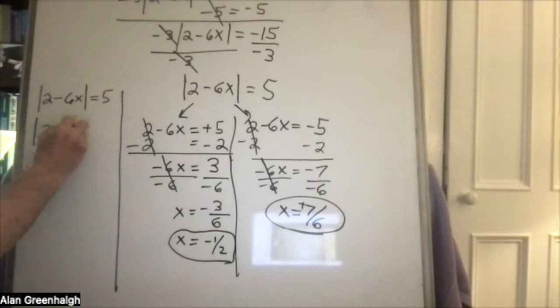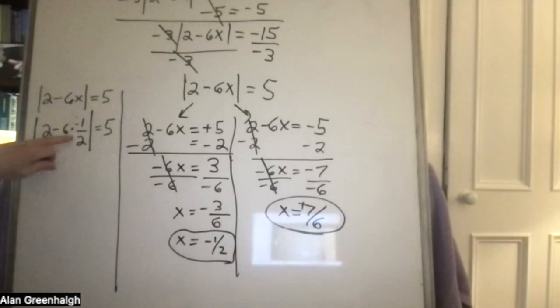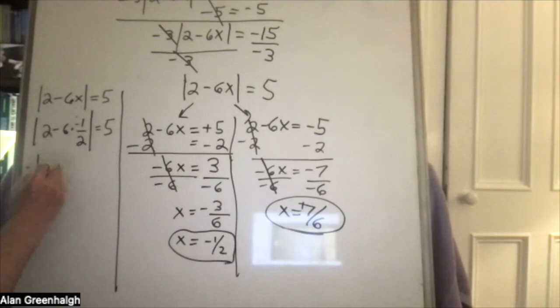I'm not using parentheses, because I think it would be easier. Okay, so the issue here now is this thing right here. It's not easy when you have to substitute fractions, but we're a pre-calculus group, so the absolute value of 2 minus 6 times negative 1/2. Now this negative and that negative becomes positive, and 6 times 1/2 is 3 equals 5.